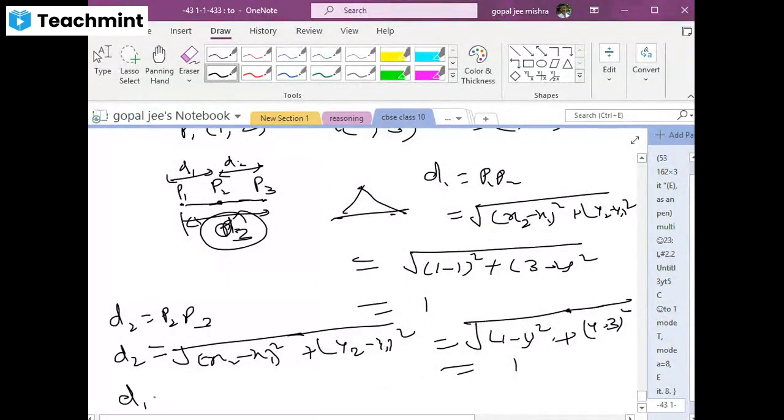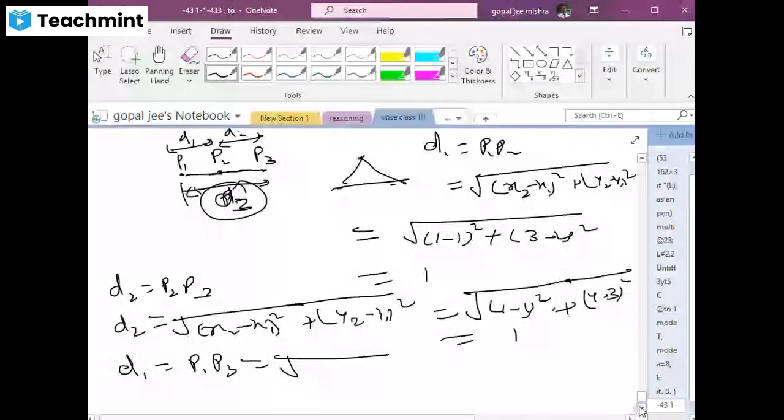Now I have to determine D3, that is P1, P3. Once again, you will put the values in the respective formula, x2 minus x1 whole square plus y2 minus y1 whole square.